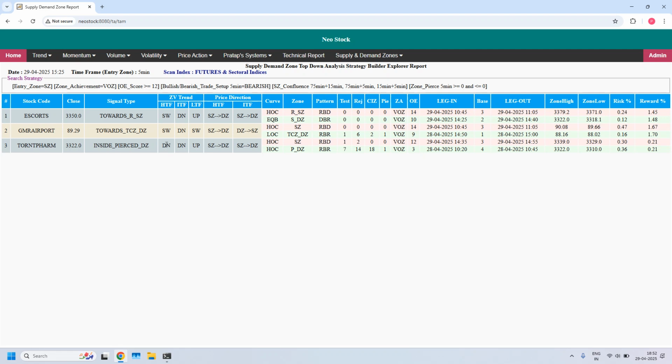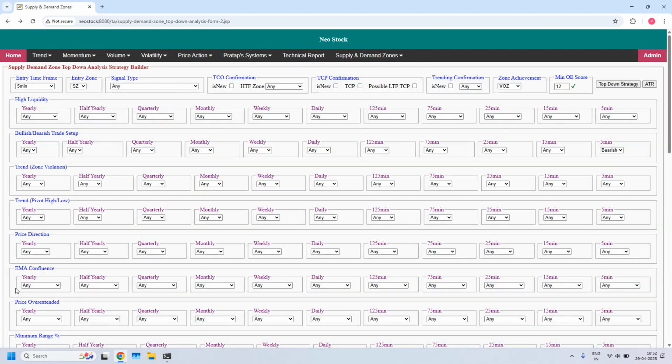And 75 means HTF. HTF trend is down in only one stock. Let us check if this supply zone is having daily EMA confluence. If that is the case, this 15 minute supply zone, this 5 minute supply zone might be having more high probability. Let's verify. In the EMA confluence at 75 minutes time frame, I am selecting 75 minute supply zone with daily EMA confluence.